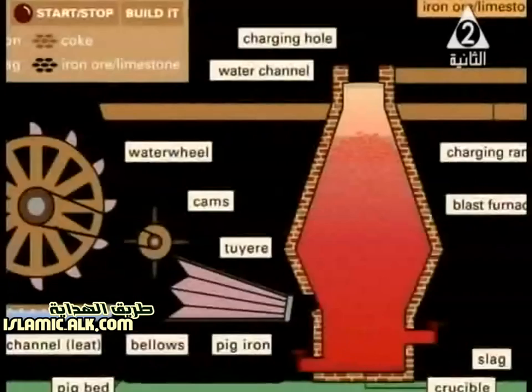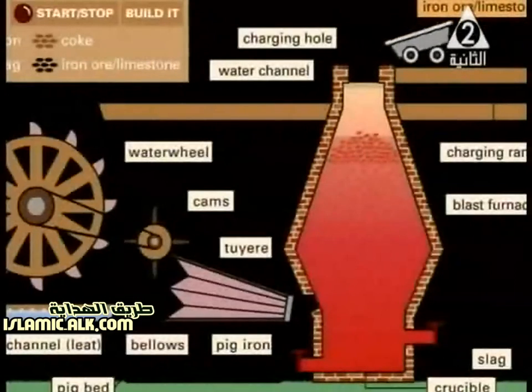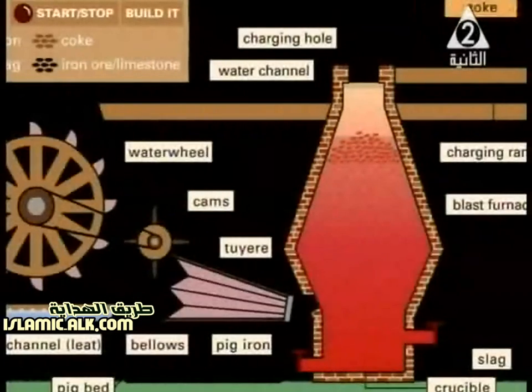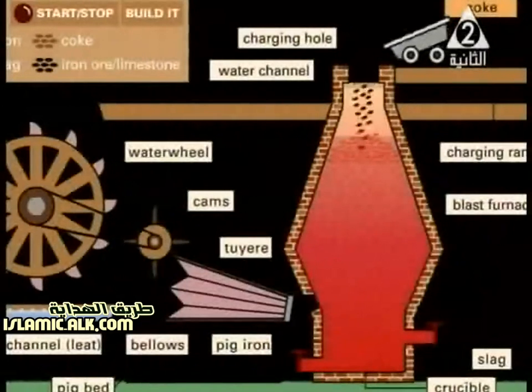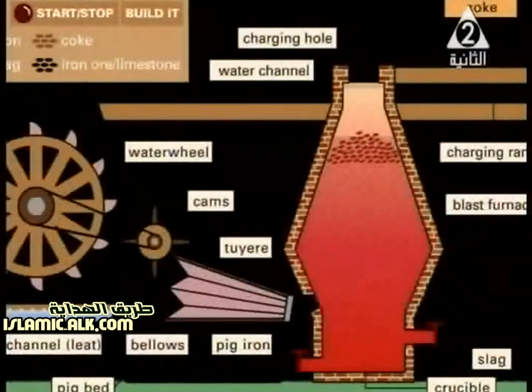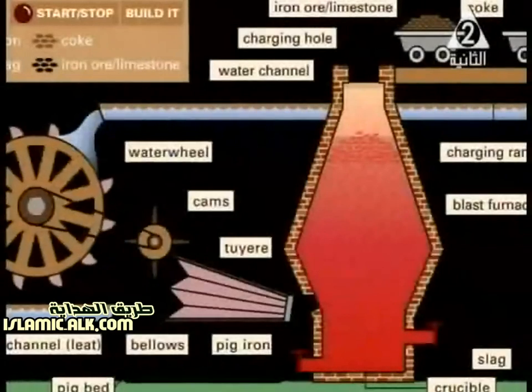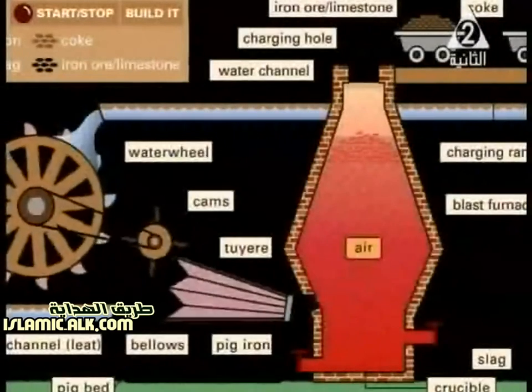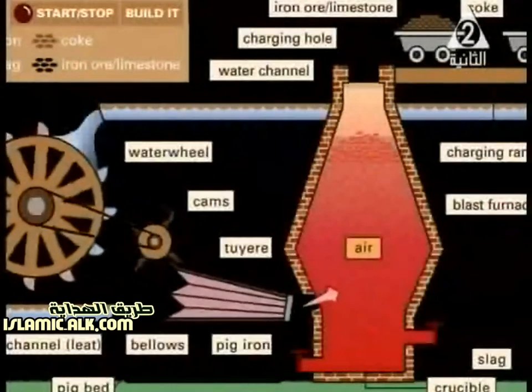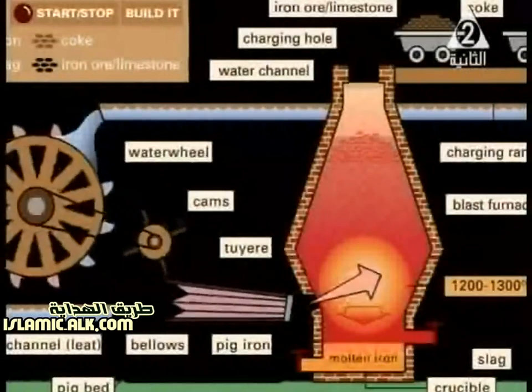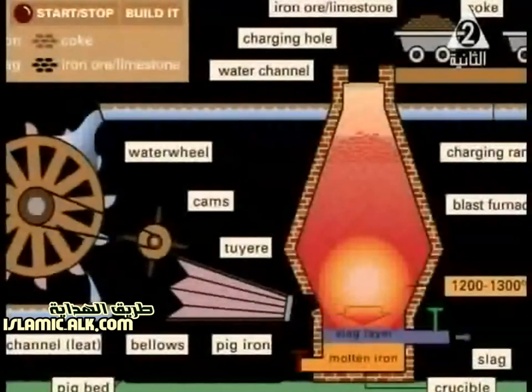My dear students, here the iron ore and coke are going to be fed into the furnace from the opening at the top, and we are going to heat the blast furnace in order to make the process of reduction of iron ore, as shown on the screen.